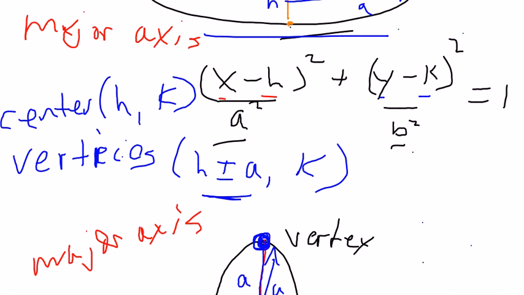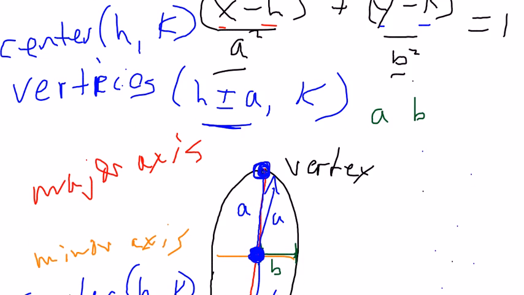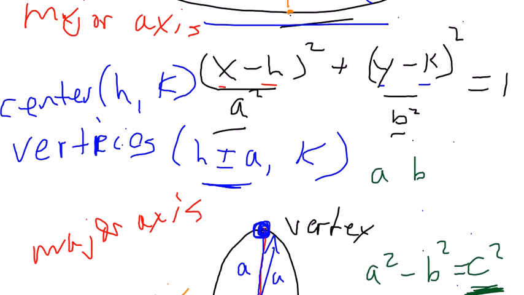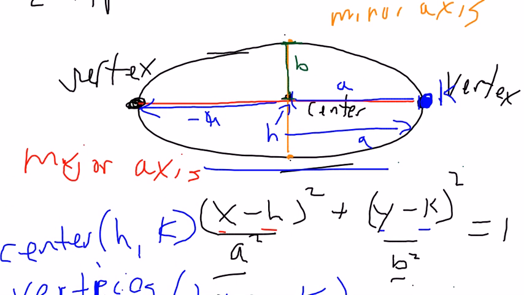The last thing I want to talk about, there's a relationship between A and B. And it turns out that a squared minus b squared equals c squared. Now, what do you think c is? c is the distance from your center to your focus.